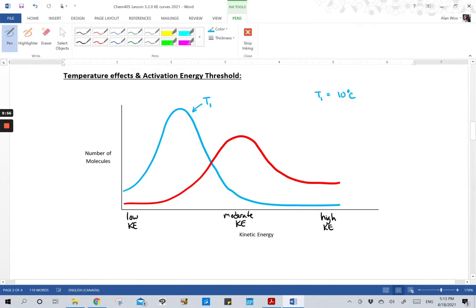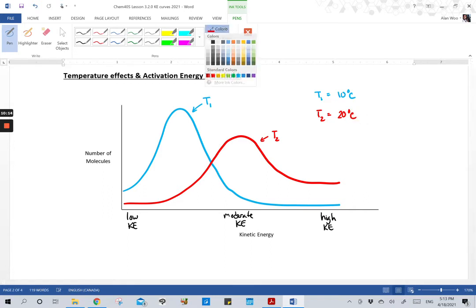So you have a reaction that is happening at 10 degrees Celsius. And this one here is our T2. And let's say T2 is happening at 20 degrees Celsius. Okay, so almost double the temperature.